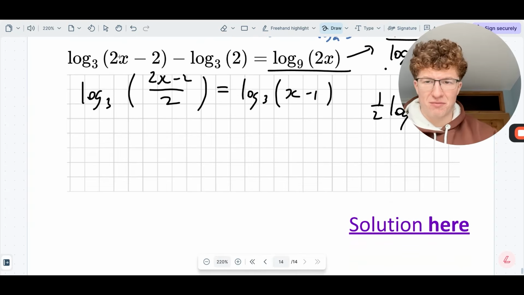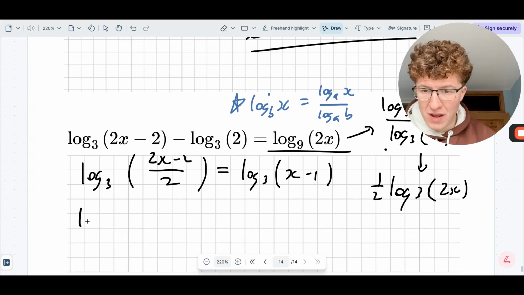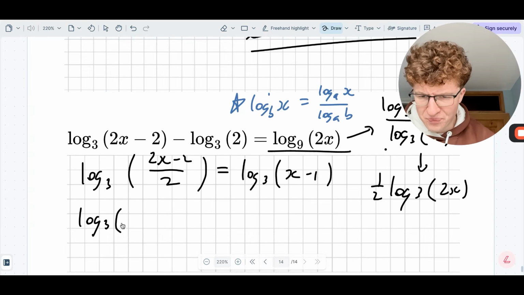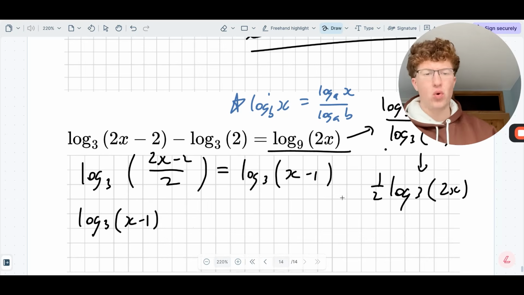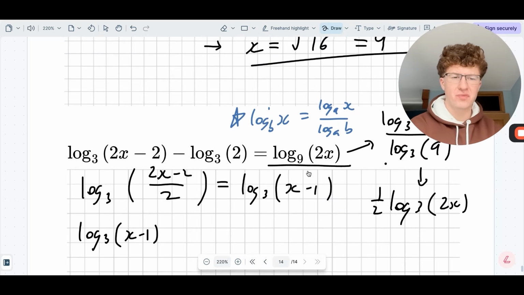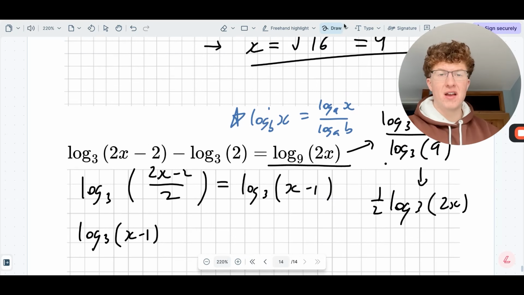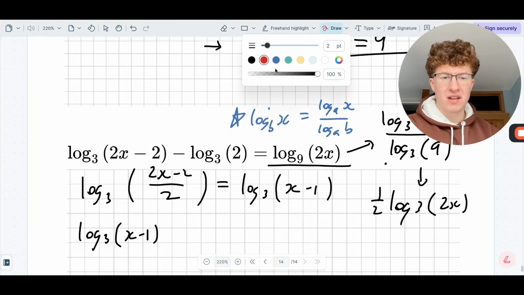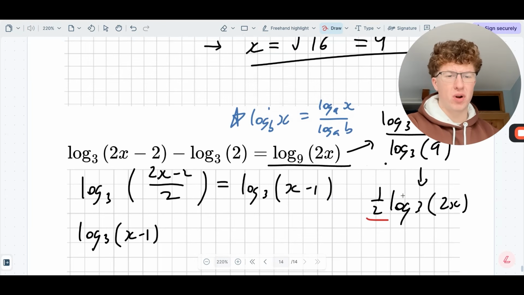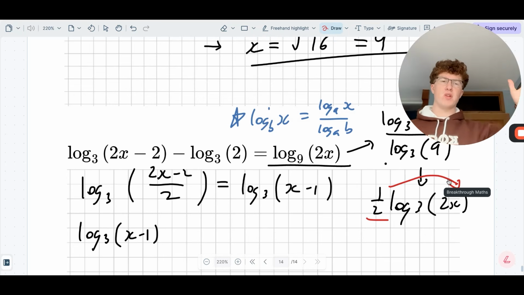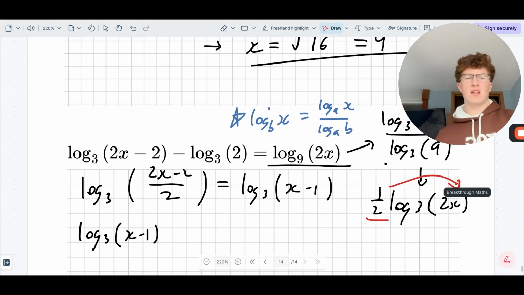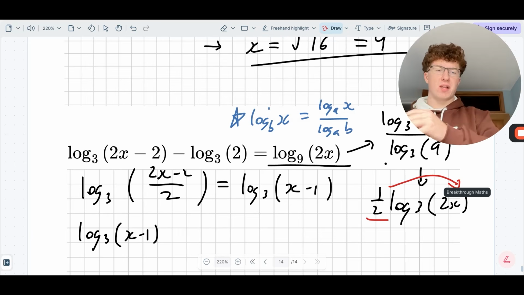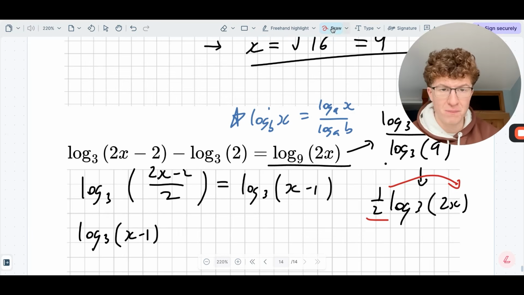So now let's rewrite the whole equation. So we have log to the base 3 of x minus 1. Oh, actually, key here. This right-hand side, remember, another rule of logs, and probably one of the most important ones, is if you have a log to the power, you can move the power to the front. Likewise, if you have a number on the front multiplying, you can move it to the top as a power.